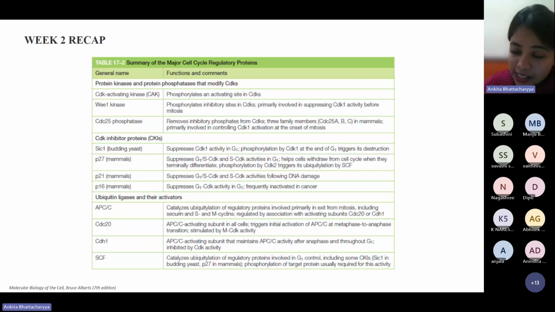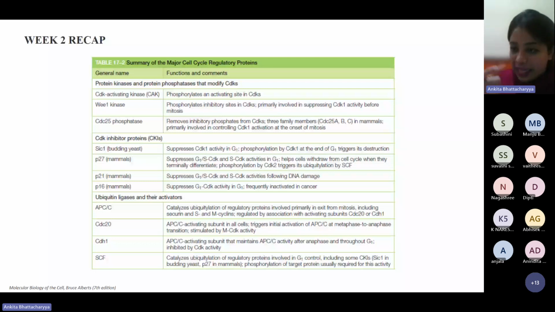Then comes Wee1 kinase, which is also something that you came across in the lectures. What it does is phosphorylate the inhibitory sites in CDKs and primarily is involved in suppressing CDK1 activity before mitosis. CDC25 phosphatase counteracts what Wee1 kinase does and removes the inhibitory phosphates from CDKs.